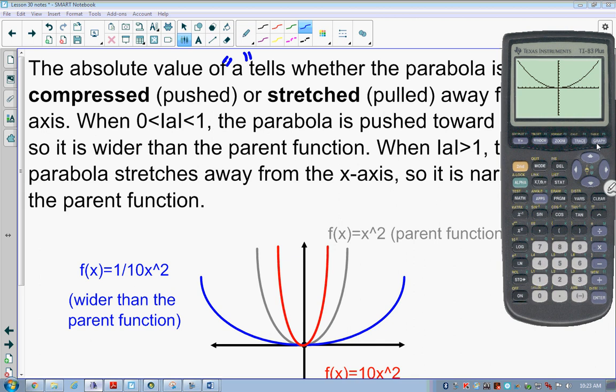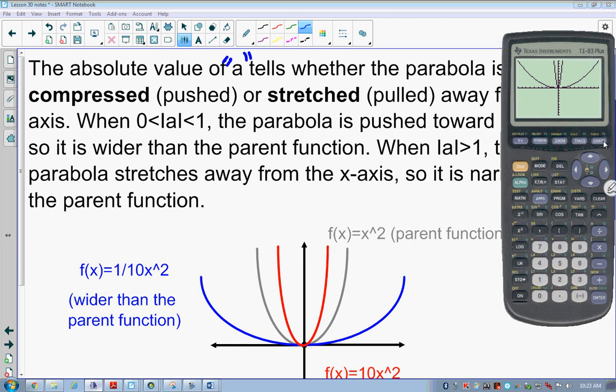Whereas, what if we did y equals 10x squared? That should give me a really tight graph right around the y-axis. That should be the difference between 1/10 x squared and 10x squared. So when in doubt, plug it in your calculator, graph it, check it.